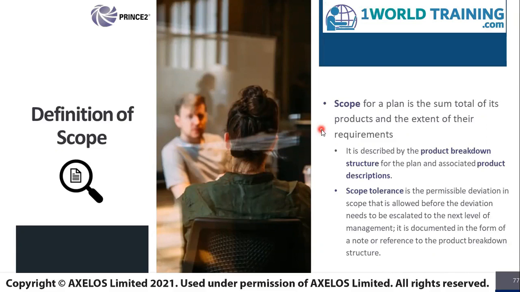So there are products for a stage and products for a project. And that is the scope. And the scope is defined in detail using requirements and specifications, and that is known as quality requirements. So that's the subtle difference between quality and scope.